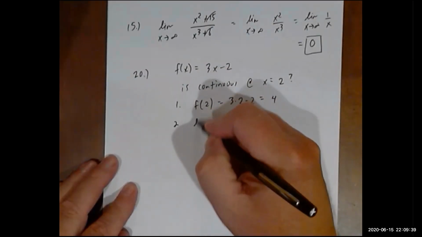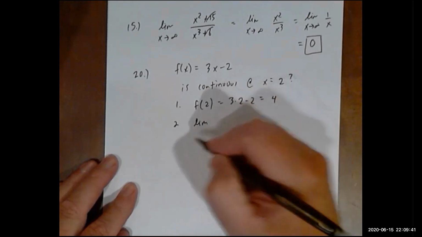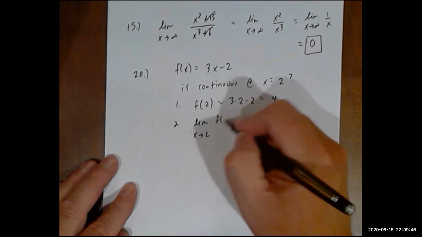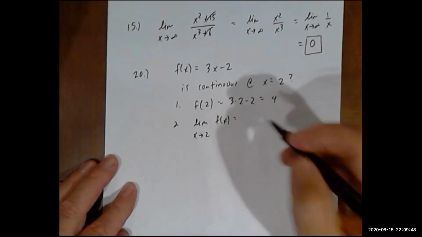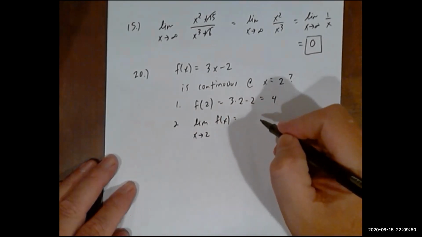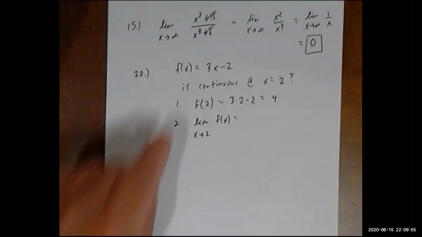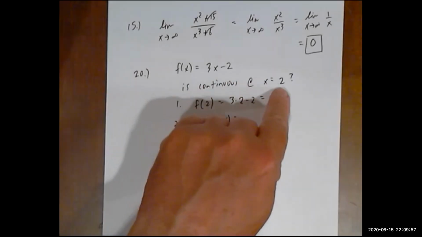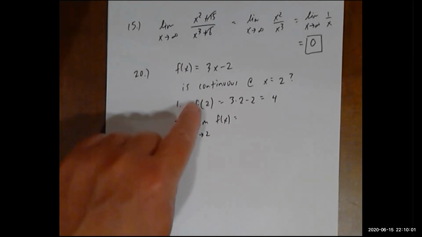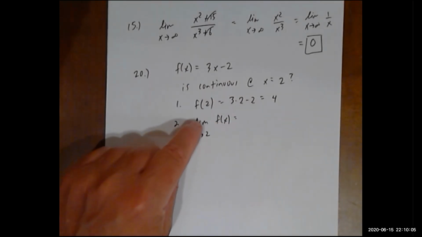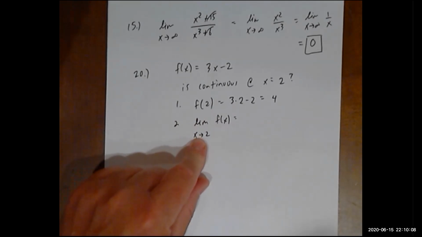The second thing you do is you take the limit as x approaches 2 of the function. So part 1, since we're interested when x is 2, you plug in 2 for x. So f of 2 is this. The second part is you take the limit as x approaches 2, right?